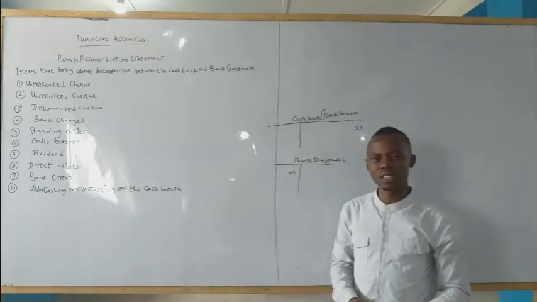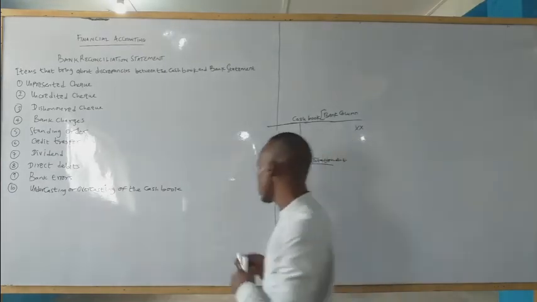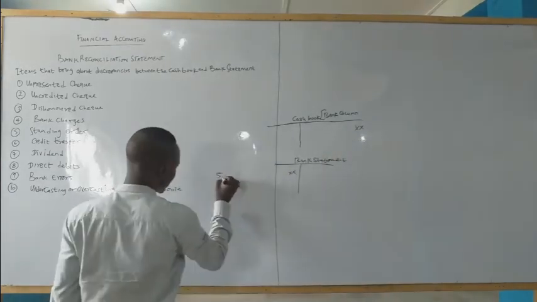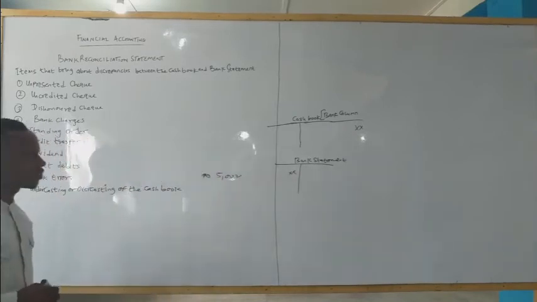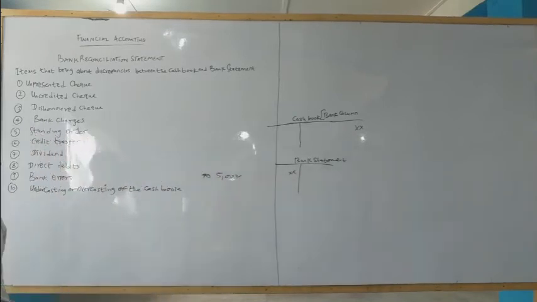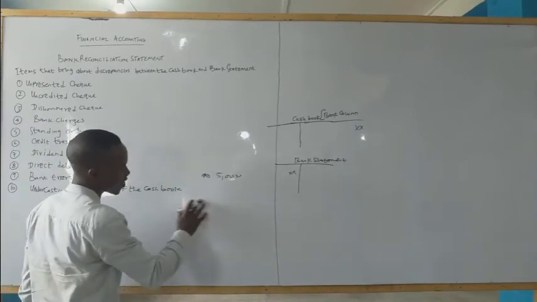All three must be intact. What is the amount? Let us assume it's 5,000. I'm giving an order to the bank to pay 5,000 to someone at a certain date.